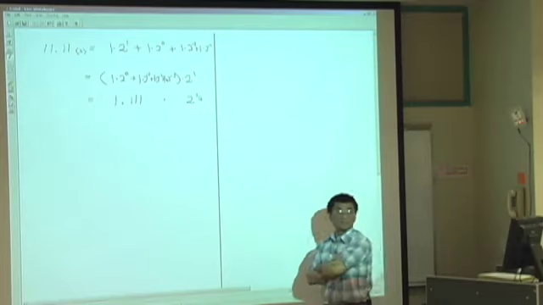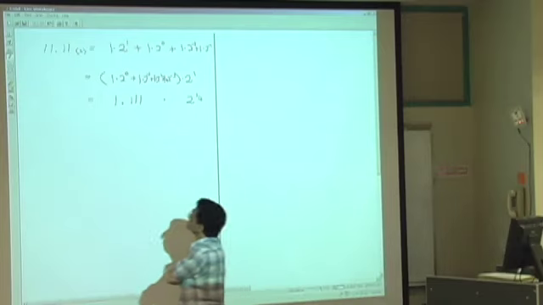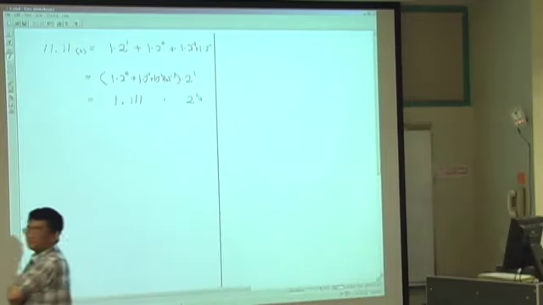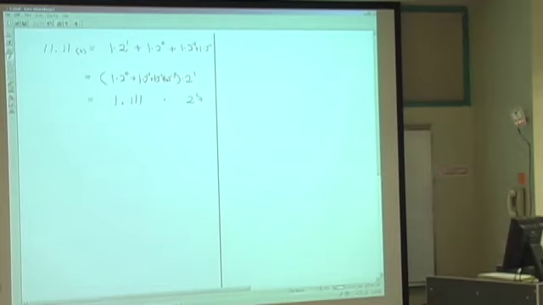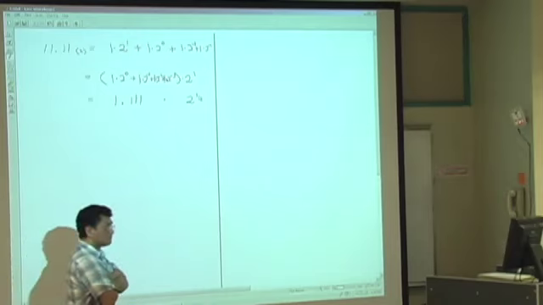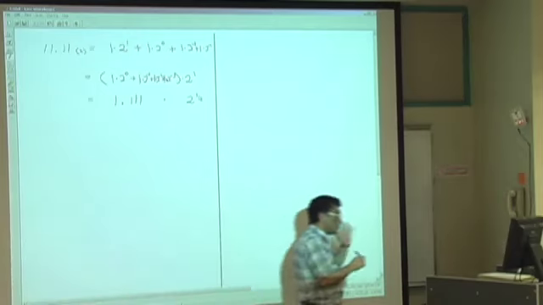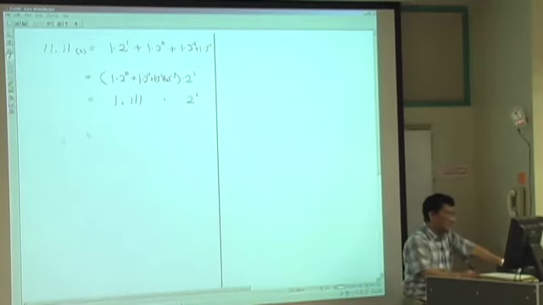Any other questions? Then, if you don't have a question, let's handle the exponent portion. So how many bits are there to represent the exponent? 3 bits, right?